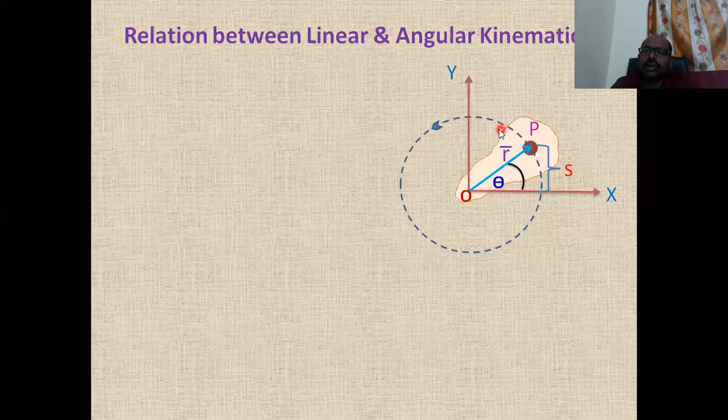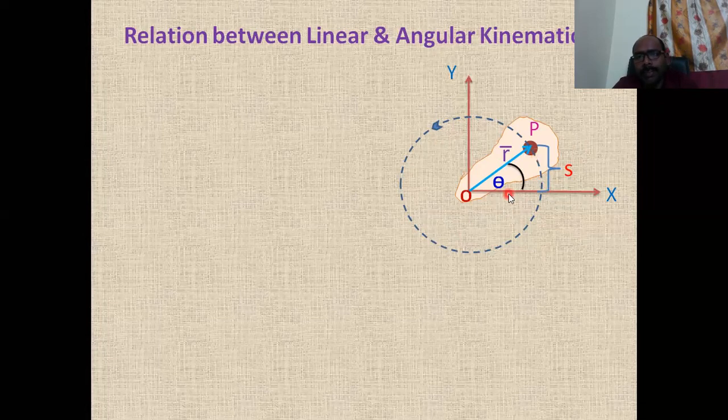It is the path of the particle P, which is circular in shape. From here to here, it is the trace of the particle P traveled in delta t time. In a small time, delta t or dt, it has traversed from this point to this point. It is the path length or arc length.